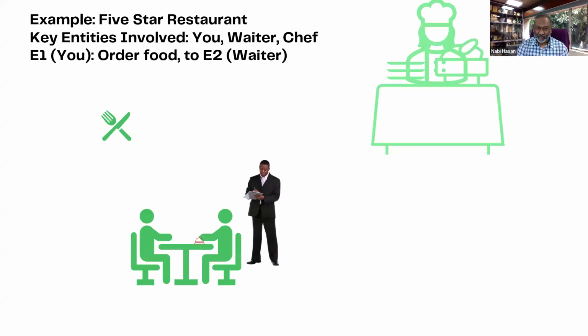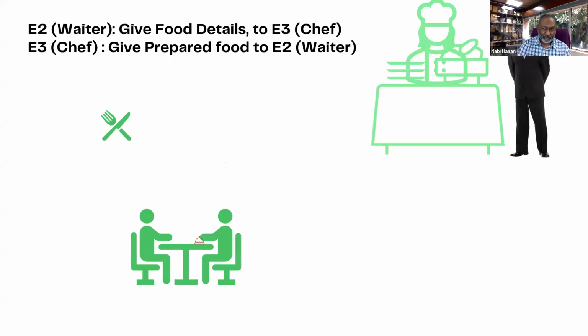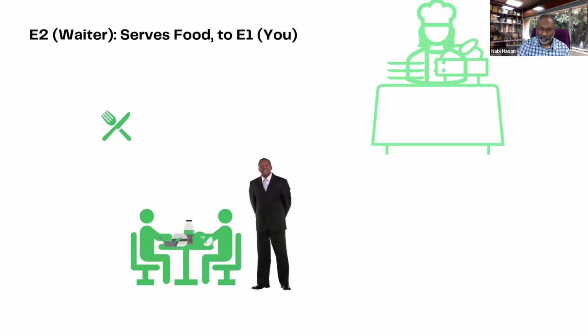You can understand API with this very simple example. If you are going to a five-star hotel and you have entered a restaurant, there are three entities. One is you, who will be placing the order. Another is the waiter, and the third is the chef. The waiter takes the order from you, goes to the chef, and asks the chef to prepare the order.